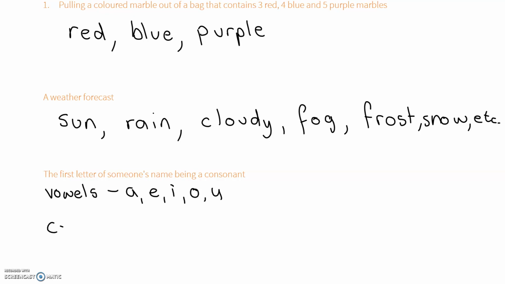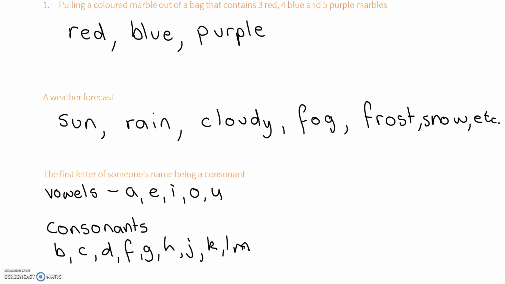So we could have, let's write the consonants. So we could have B, C, and I'm running through the alphabet in my head. A, B, C, D, E, F, G, H, no I, J, K, L, M, N, no O, P, Q, R, S, T, U, V, no U, because that's a vowel, W, X, Y, Z. Okay, so there's all our consonants.